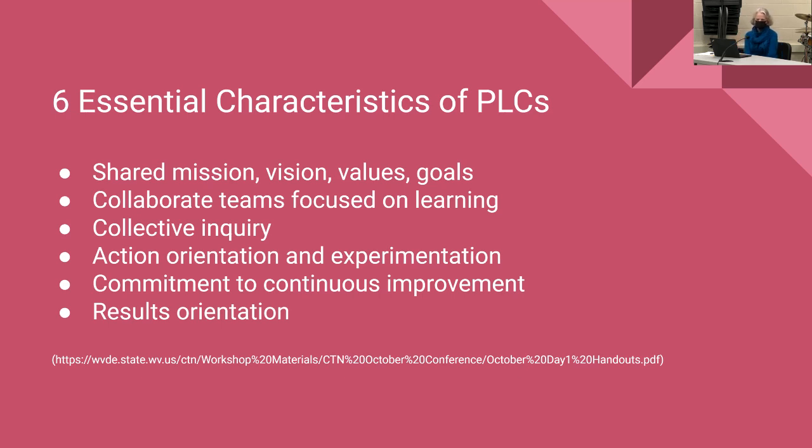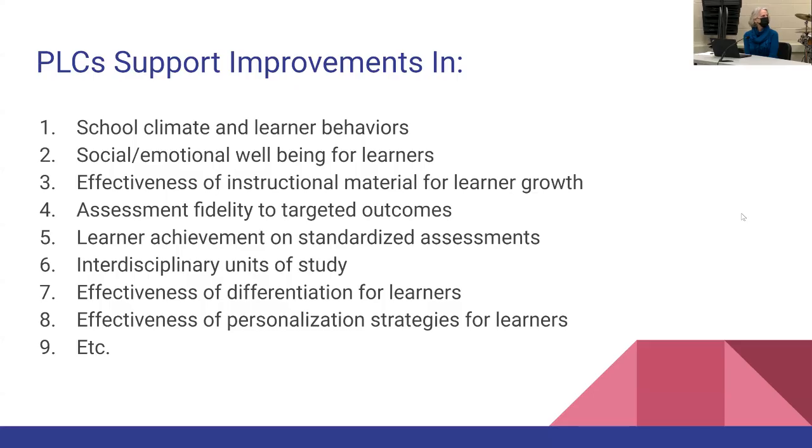So continuous improvement in a lot of areas. And then results oriented. So not just going through things for the sake of doing them, but what are the results we can get from these meetings and actions.